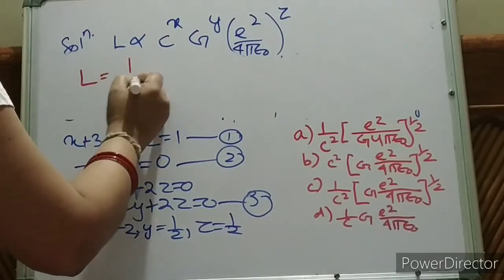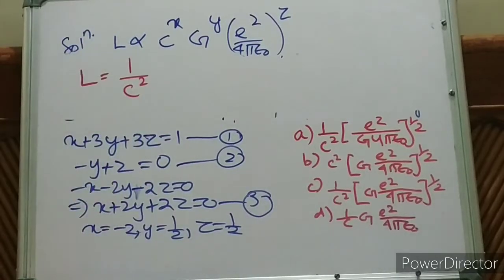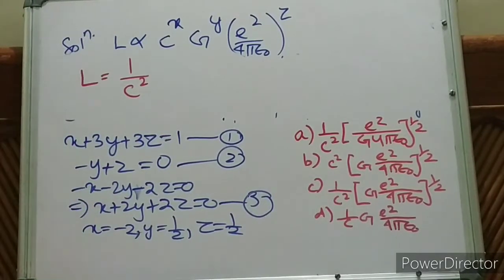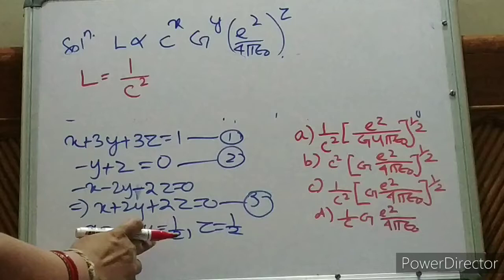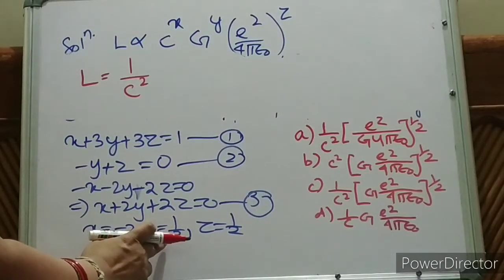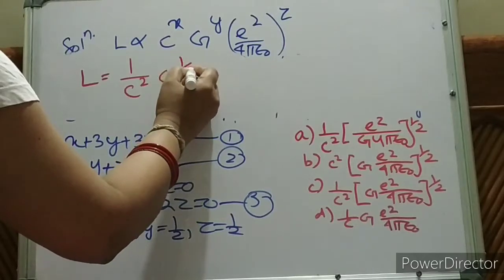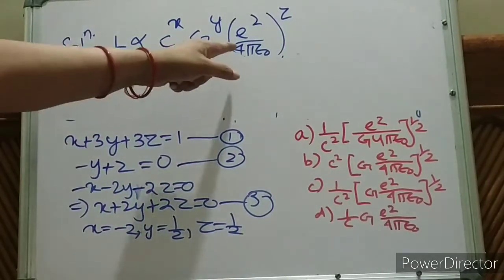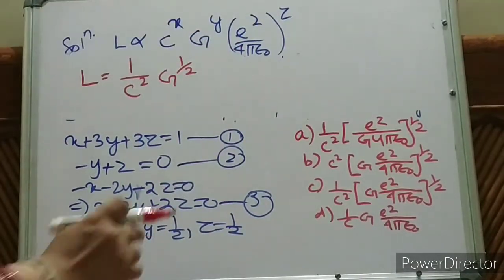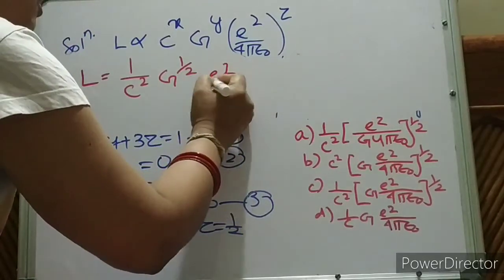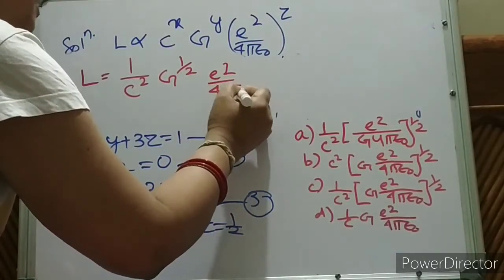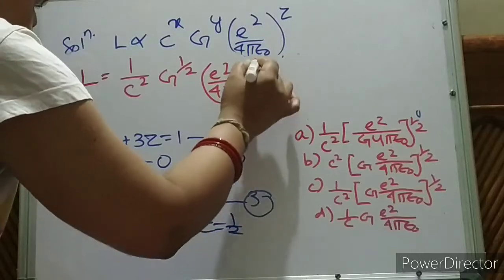Minus 2 means I can write like this. Is it clear? Then G to the power Y, that means G to the power half. Okay. Then e square by 4 pi epsilon naught to the power Z, so e square by 4 pi epsilon naught to the power half.